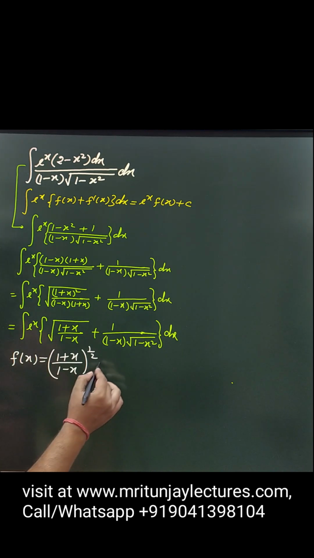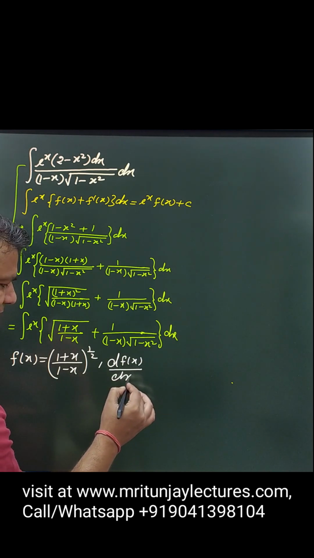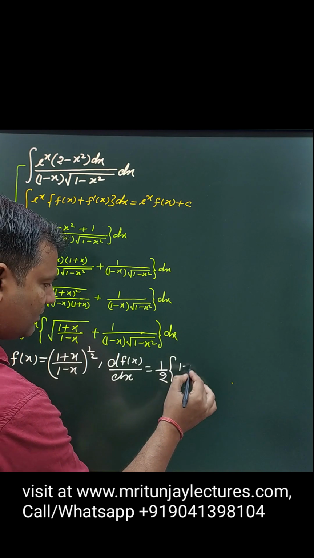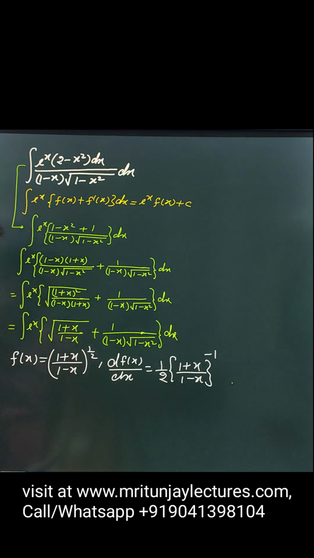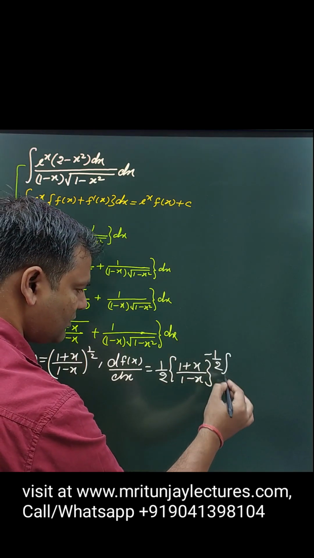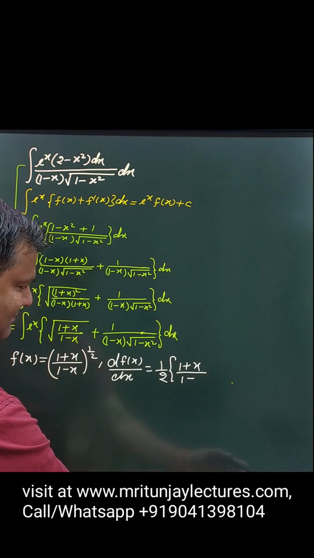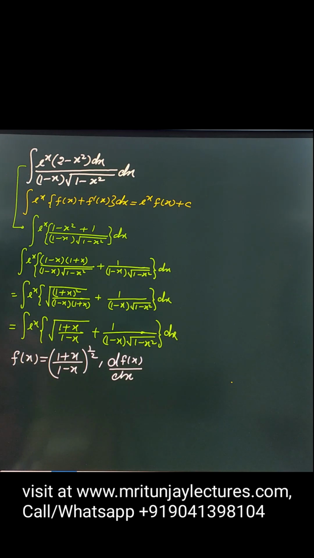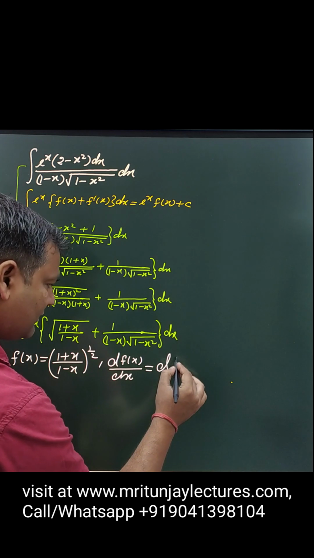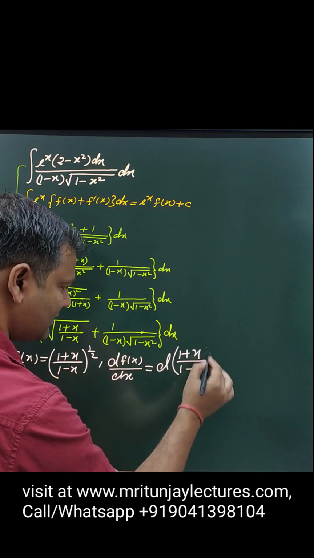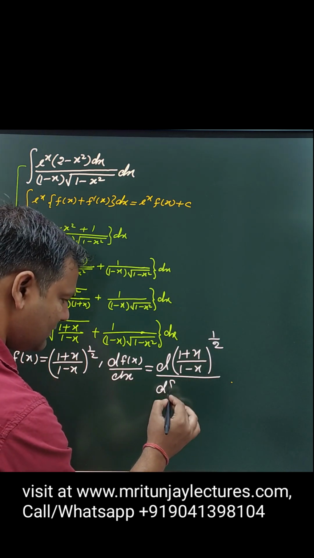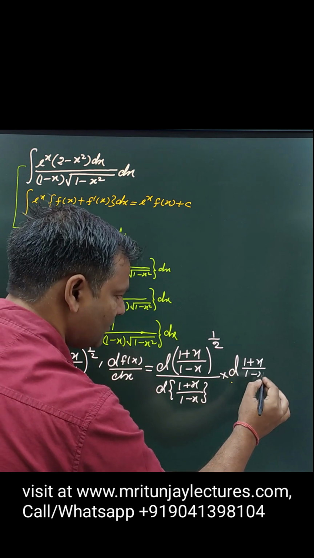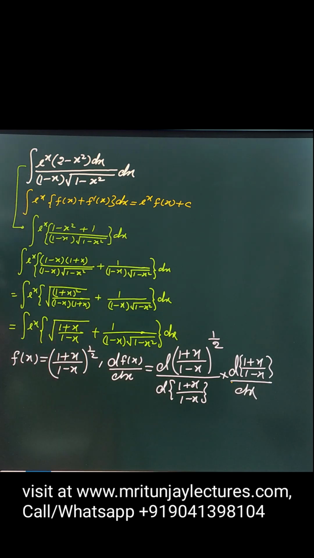If we differentiate it, meaning f of x divided by dx, how can we do it? Simply it is written 1 by 2 into (1 plus x upon 1 minus x) to the whole power minus half, into the derivative of the numerator over denominator, 1 plus x upon 1 minus x, divided by dx. I hope it is clear, using the chain rule.